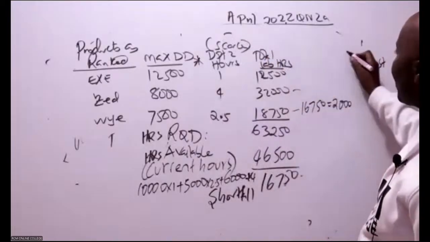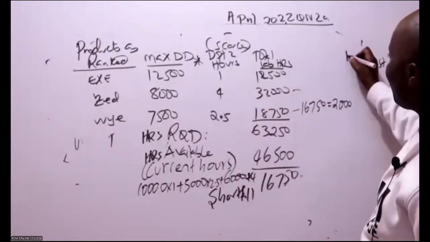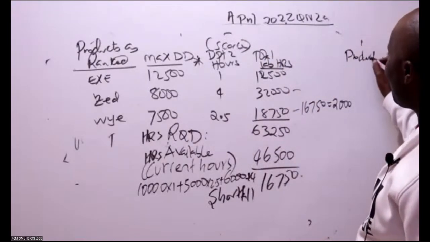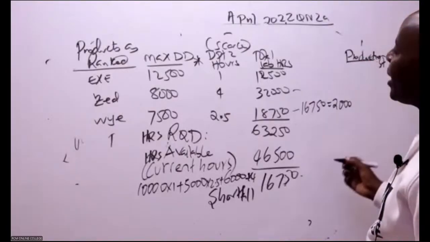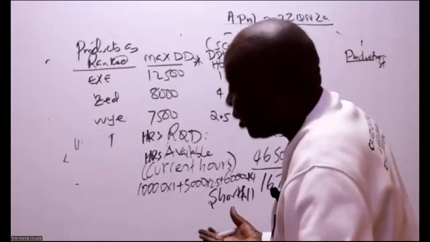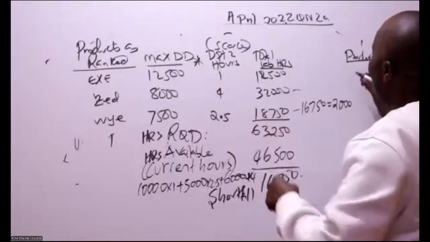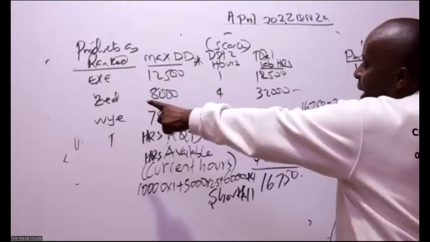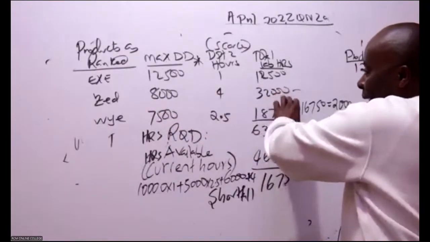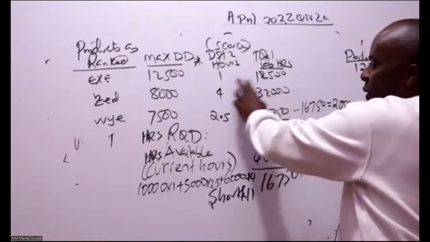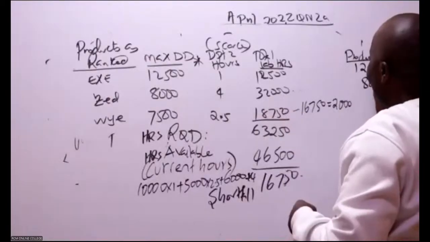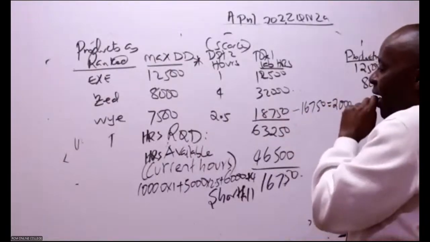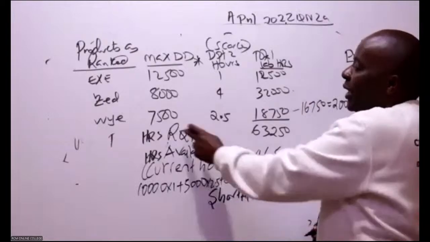So for X, maximum production, I'm not going to reduce anything of X. So for X, I'll produce 12,500. While for Z, again, I'm not deducting any time here, so I'll produce everything, 8,000. But now here, I can't produce 7,500.